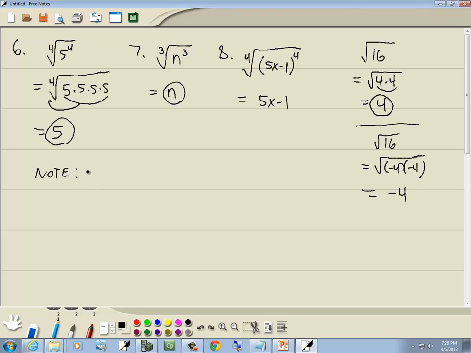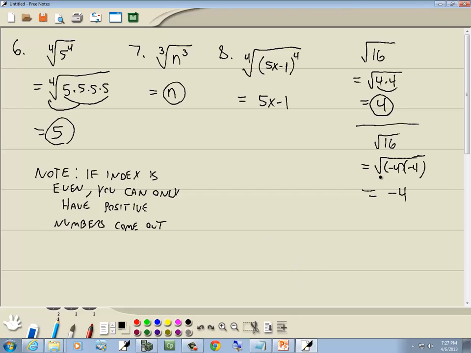It says, if your index is even, you can only have positive numbers come out. That's why our answer here is 4 and not negative 4.